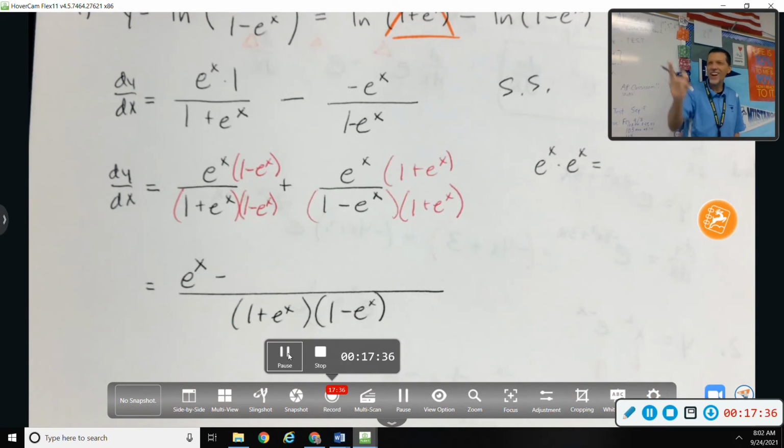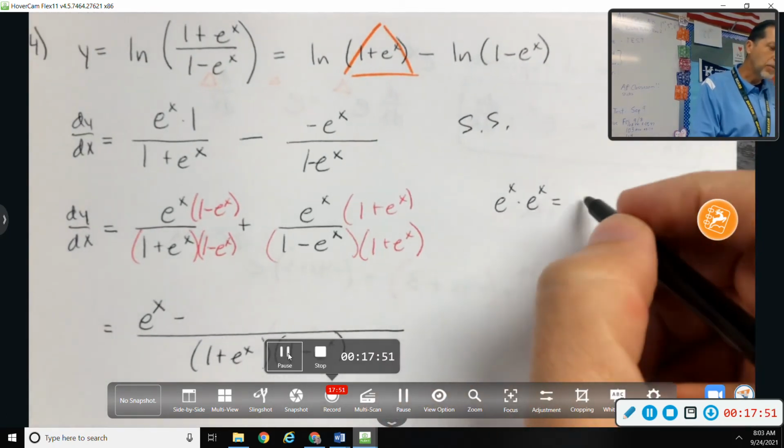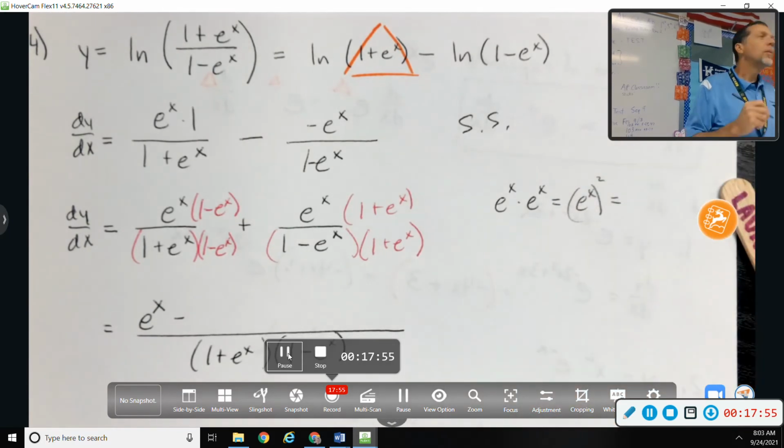Yeah, right. You're like, no, not 2e to the x. That would be e to the x plus e to the x would be 2e to the x. Okay, there are two options. It is e to the x times e to the x, so that does mean e to the x squared. But that's the same thing as e to the 2x.